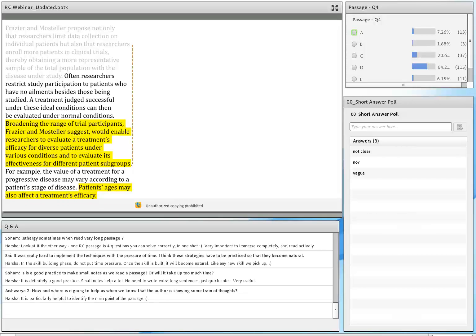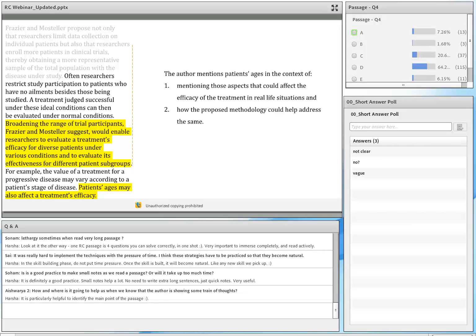Essentially, it's an aspect that could affect the efficacy of treatment in that real life situation, and how the FNM methodology over here would address a shortcoming of the first stage of the current methodology.